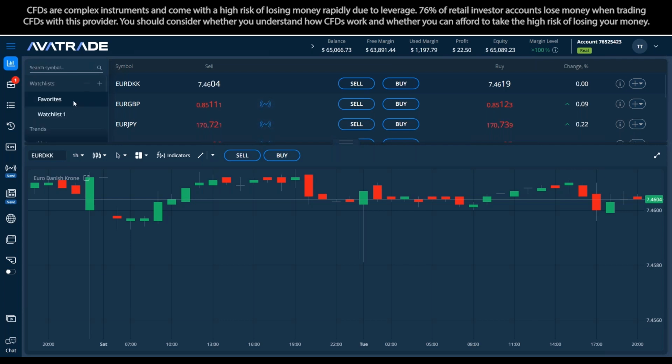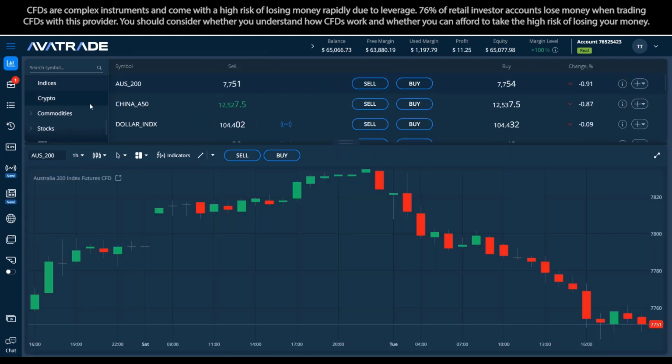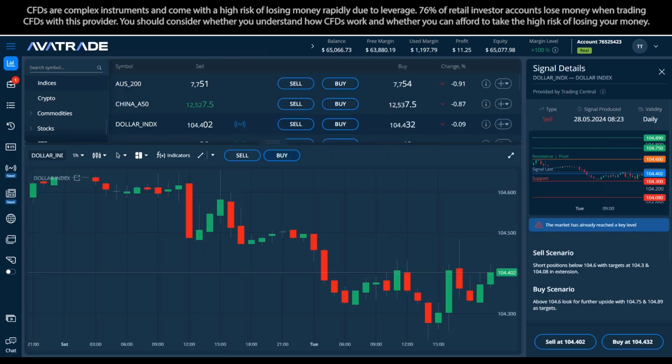Here, let's do this. Here's the dollar index, and we have a signal on it. And so there was a sell signal on the dollar index, which already hit the take profit level. So we see it was a sell, and it says that the market already reached the key level.